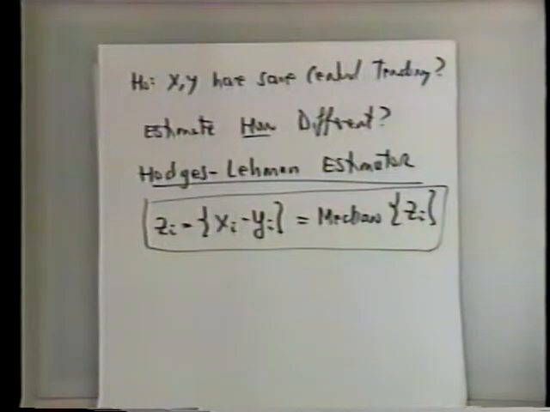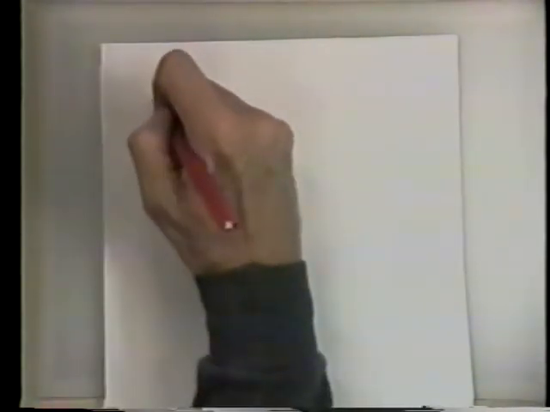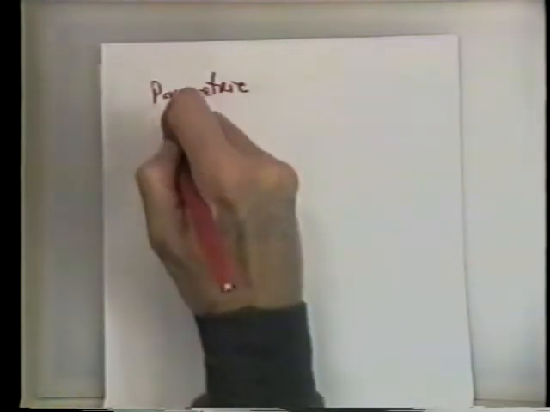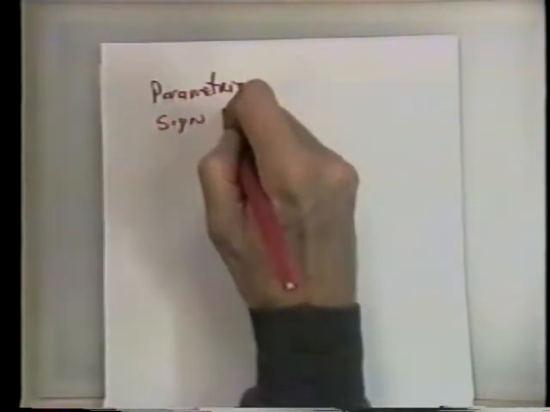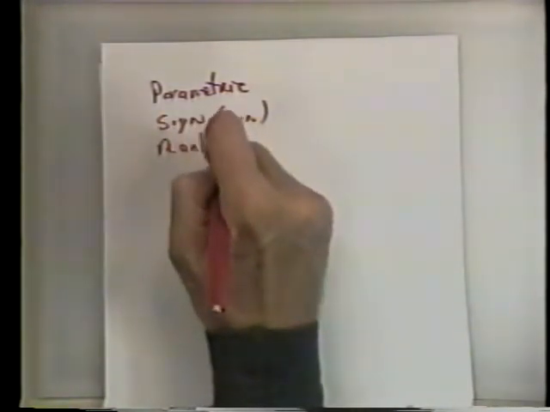Okay, now, I have a comment here, which if I can read, I can explain to you. I've discussed a couple of different tests: the parametric tests, the sign test, which I've also called the binomial test, and the rank sum test.